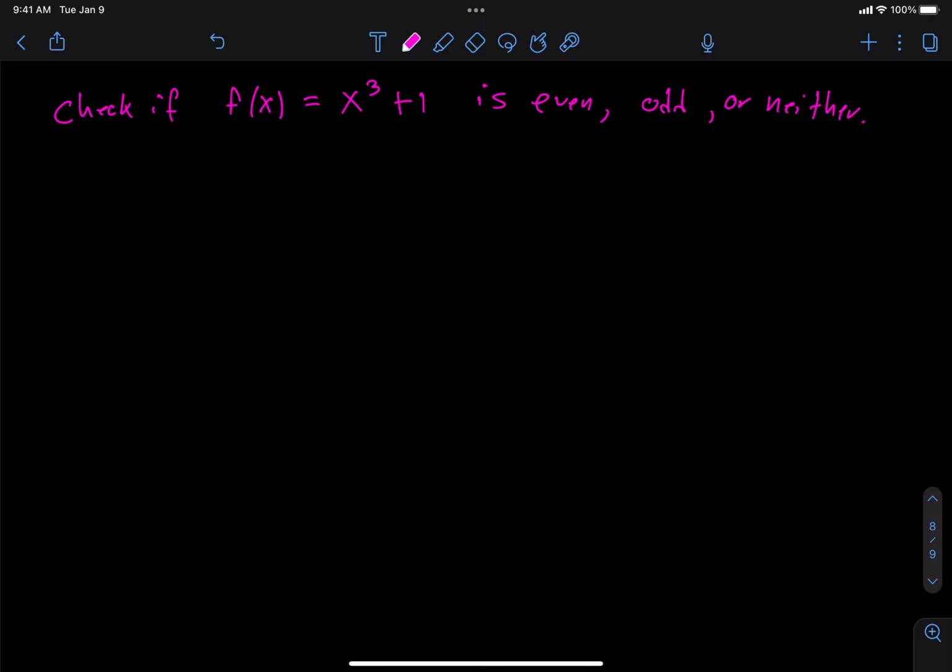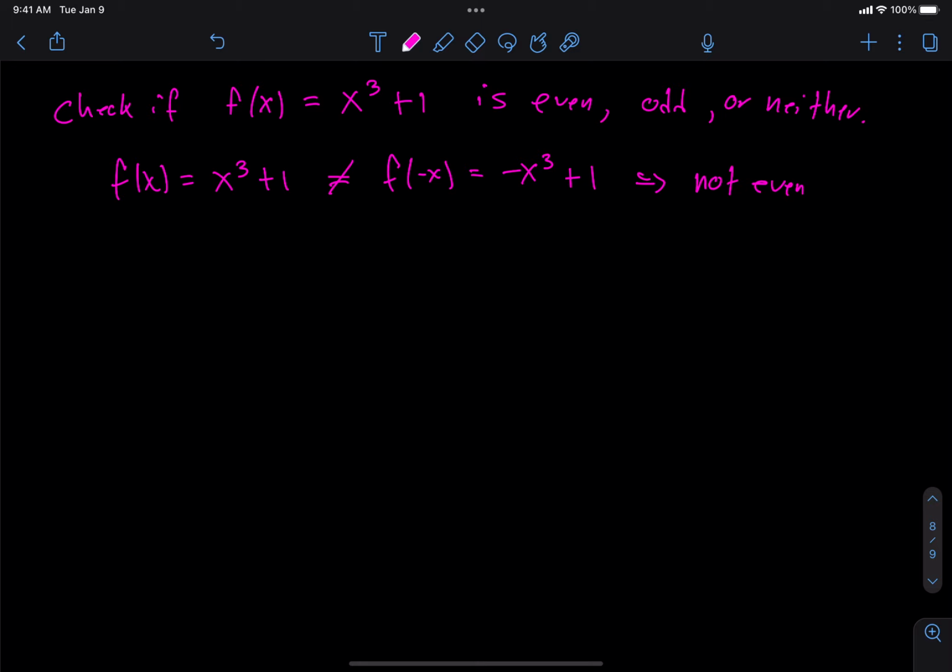But let's check it anyway, just for fun. Let's prove algebraically that it is not an even function. Well, f of x is x cubed plus 1, which is not equal to f of negative x, which is going to be negative x cubed plus 1. So this tells us that the function is not even.